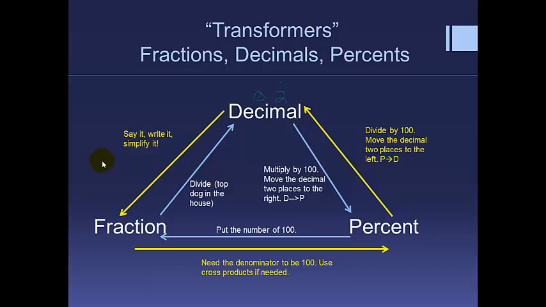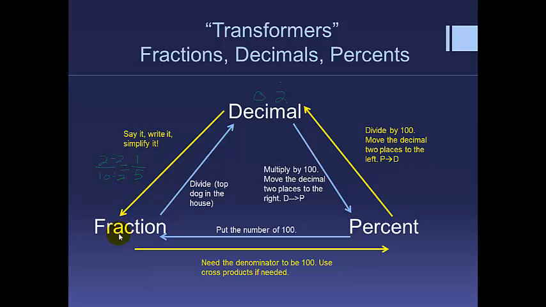So I say it as 2/10, and then I simplify it. Well, I know they're even numbers, so I can divide out by a 2. So it's like your copycat. So 2 divided by 2 is 1. 10 divided by 2 is 5. So your decimal to a fraction is 1/5.